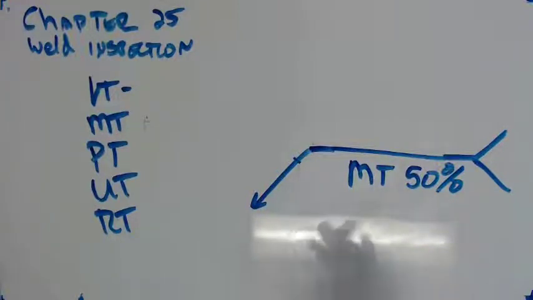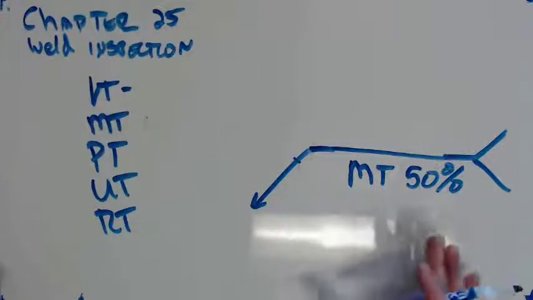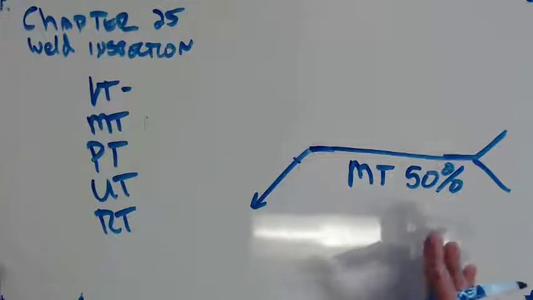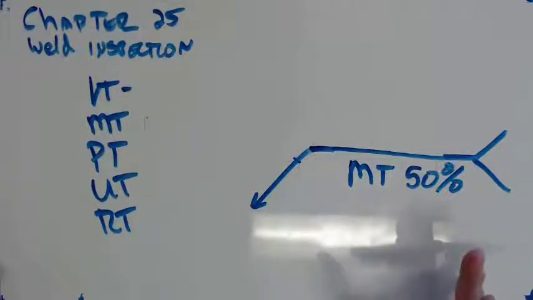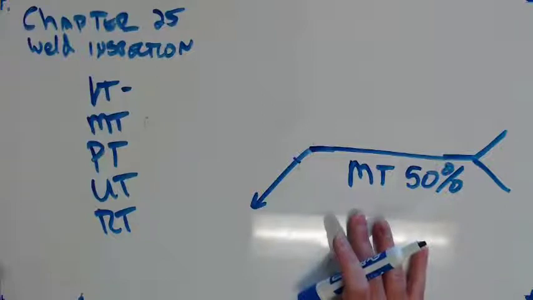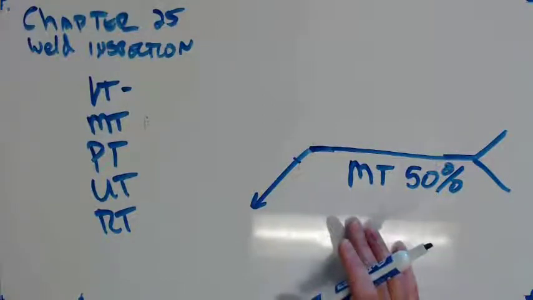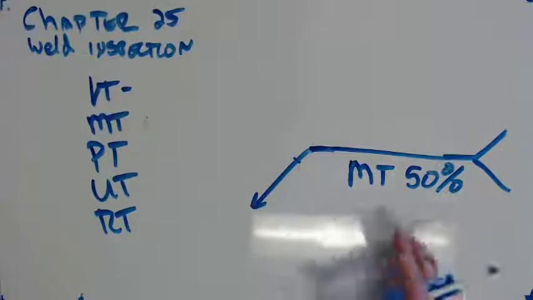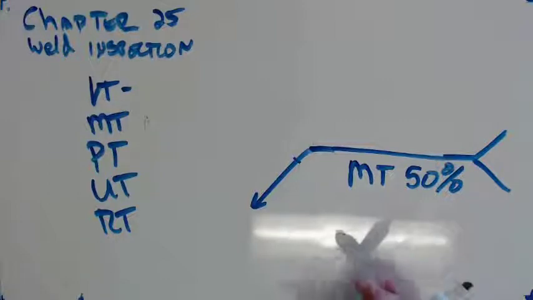A lot of places you'll work, they'll do 100% visual inspection of everything they put out of the shop, and they won't do anything with this on the drawing because it'll be covered through their standard operating procedures or through a specification on the print or in the contract. It's just, oh yeah, we look at every weld. Somebody inspects every weld. The lead guy, the foreman, somebody inspects every weld. They won't put any of this. It saves a lot of time because otherwise it really clutters up a drawing.